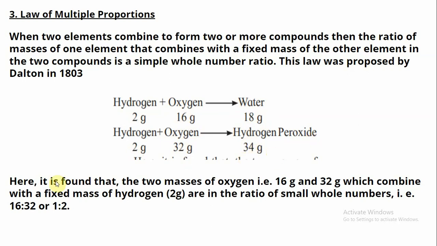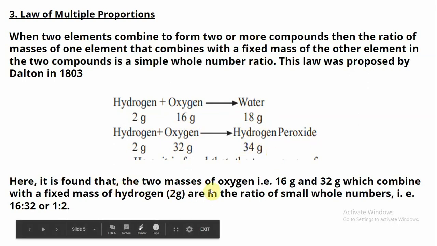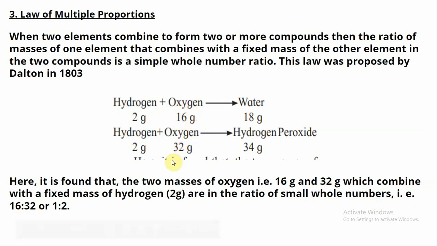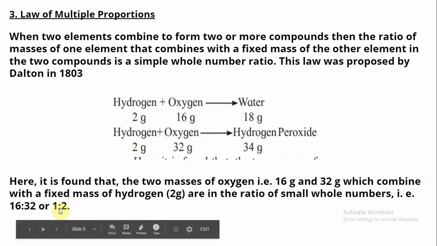It is found that the two masses of oxygen, 16 gram and 32 gram, which combine with a fixed mass of hydrogen, 2 gram, are in the ratio of small whole numbers, that is 16 is to 32, that is 1 is to 2. It is the smallest whole number ratio of this multiple proportion.